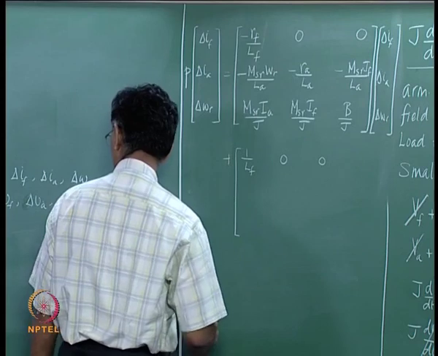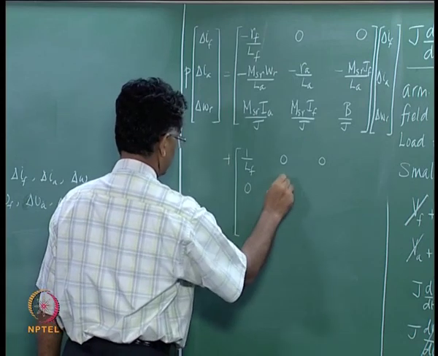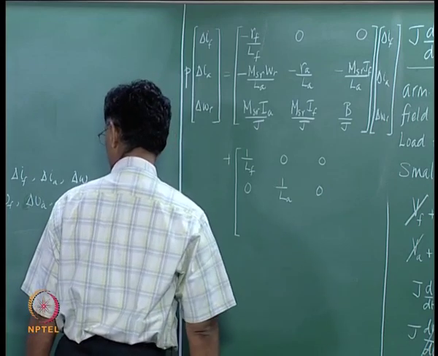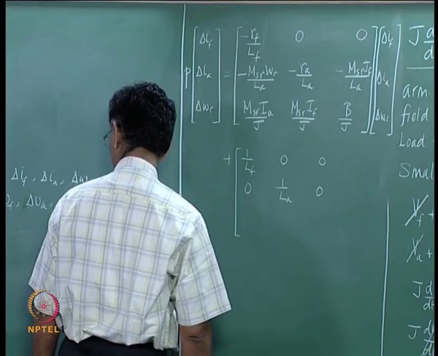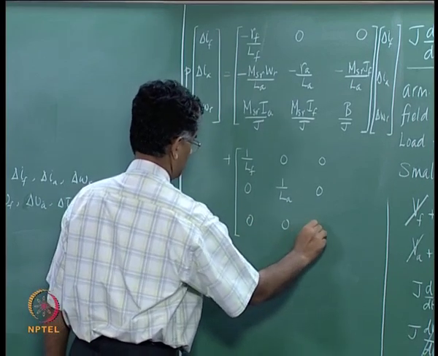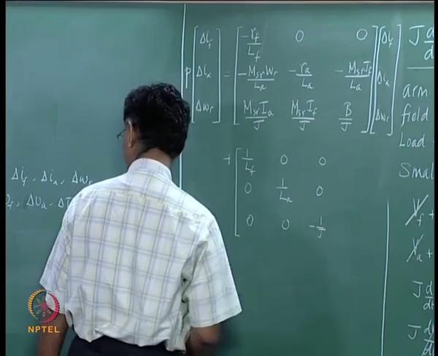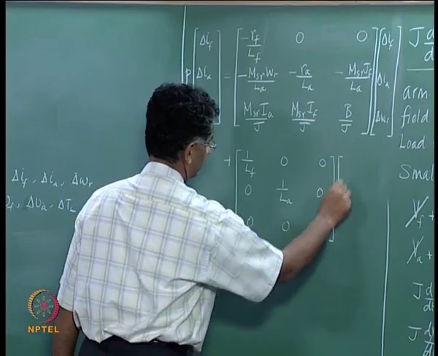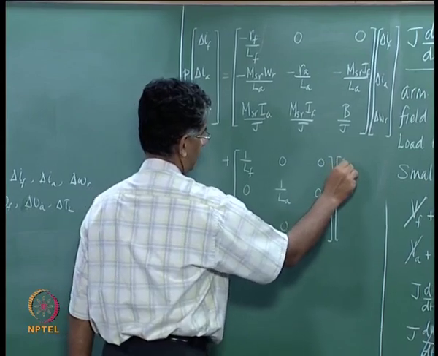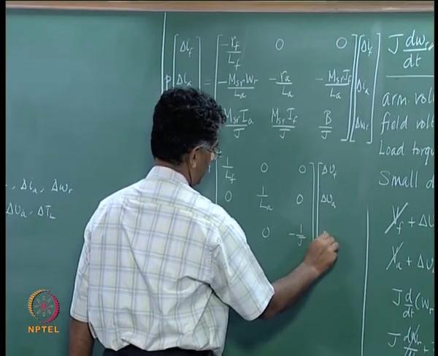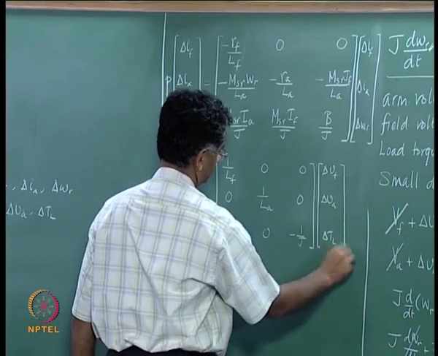As far as the armature is concerned, you have 1 over La, which does not depend on the other inputs, and the last term would correspond to minus 1 over J. This is multiplied by the input vector, which is delta Vf, delta Va and delta TL.